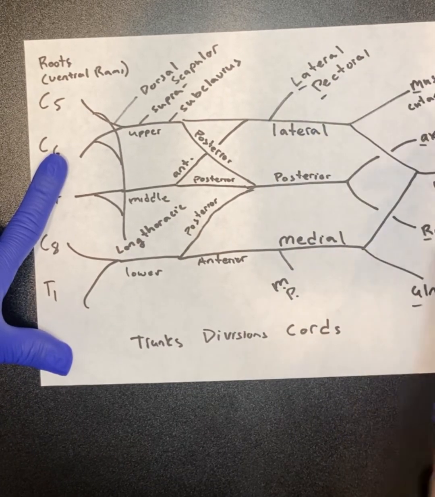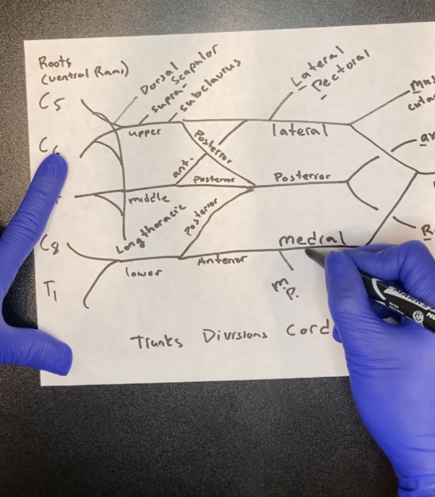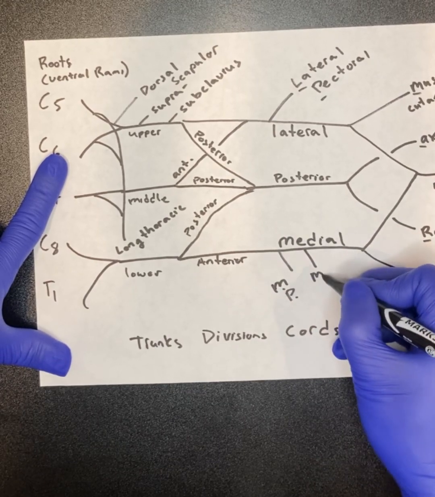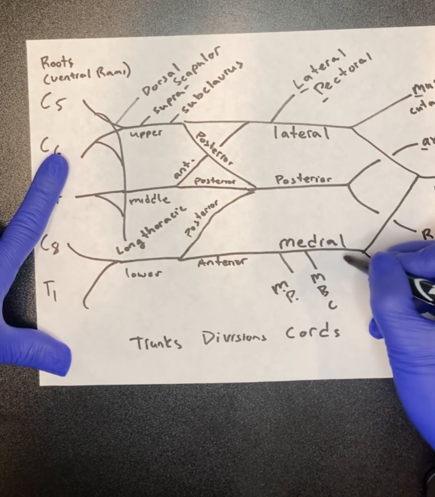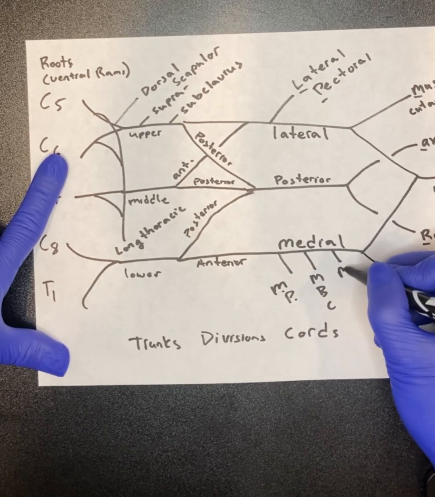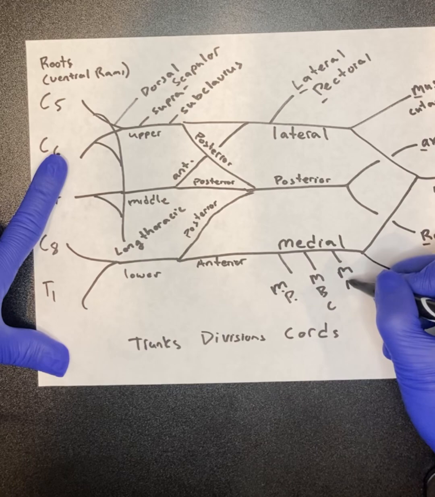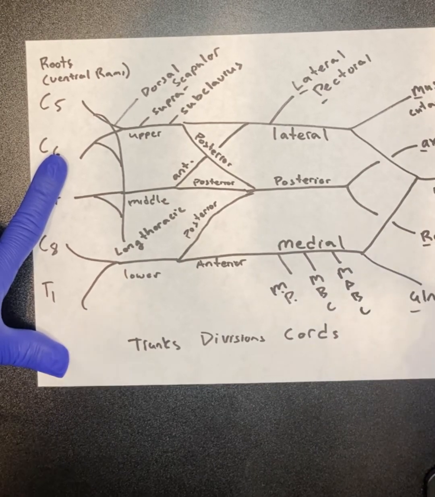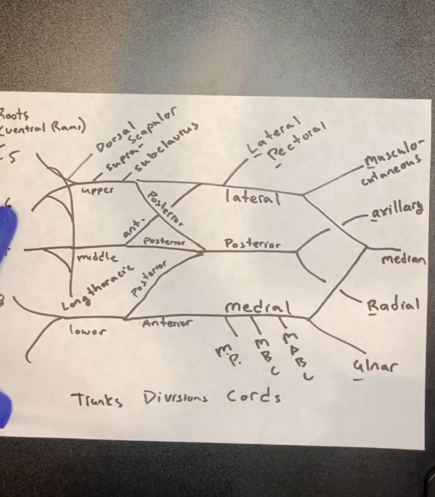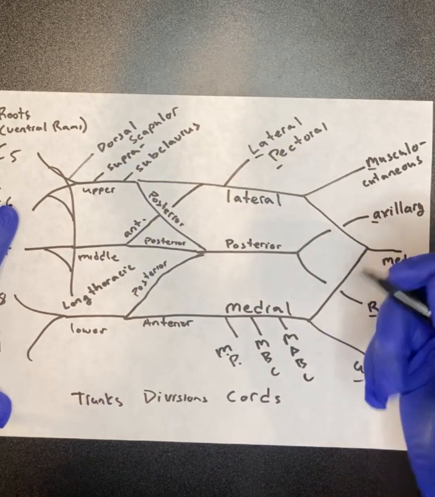just like lateral pectoral. Two more from medial, I'll just abbreviate the medial brachial cutaneous nerve, and then we'll have the medial antebrachial cutaneous nerve, sensory to the arm and the forearm respectively. Three more to go.